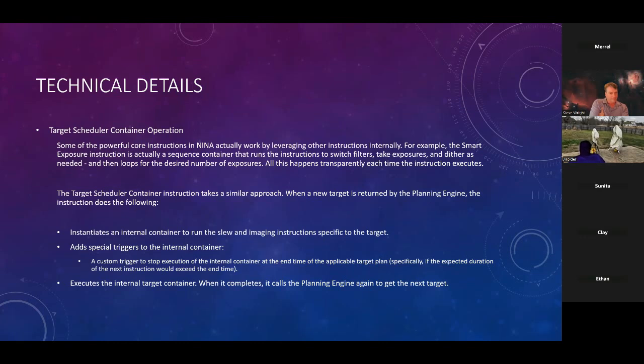You can do a custom trigger to stop execution if the internal container is at the end of time or the applicable target plans, specifically if the expected duration of the next instruction would exceed the time limit. You can execute the external target container when it completes. It calls the planning engine again to get the next image.